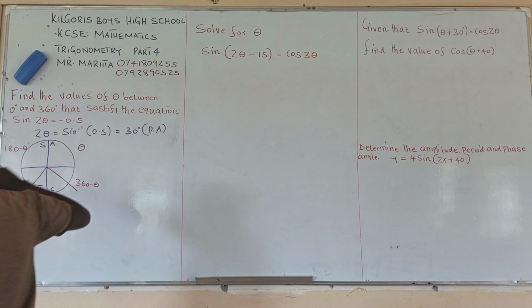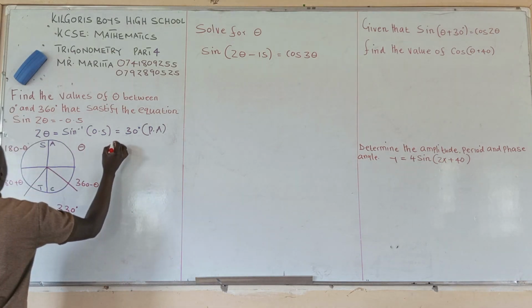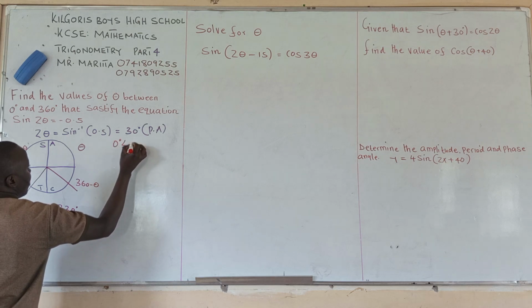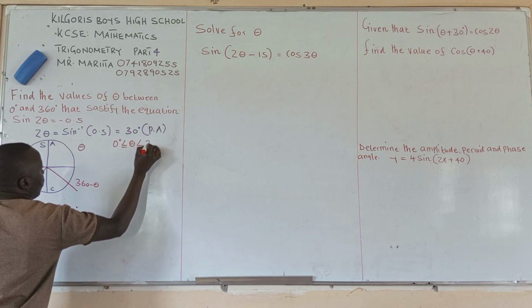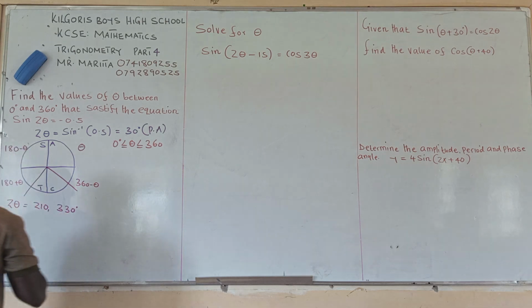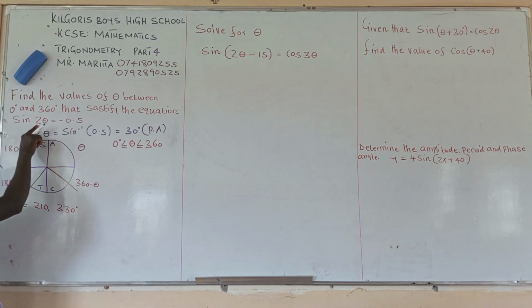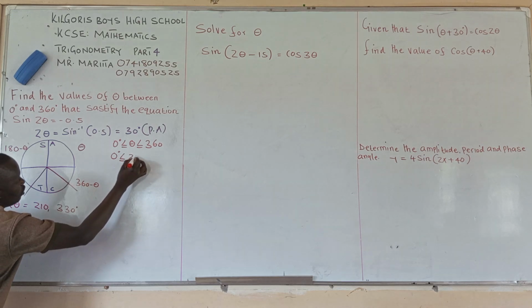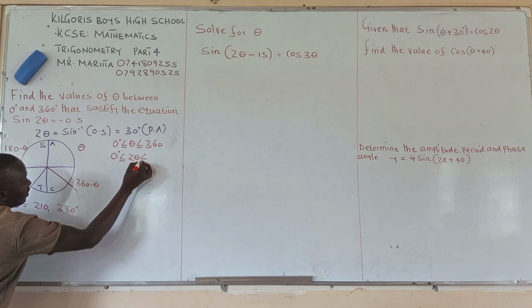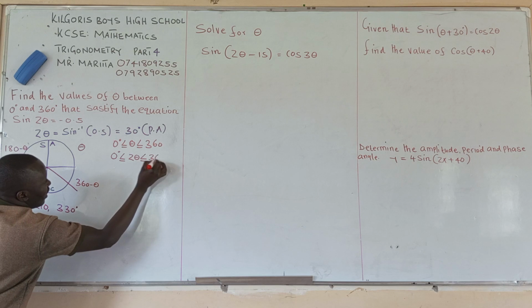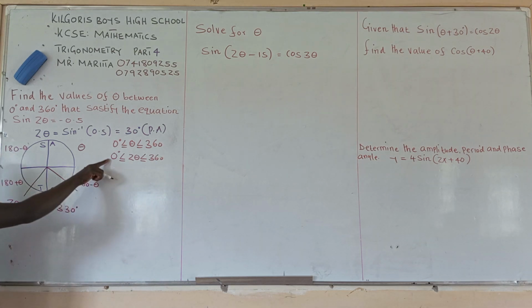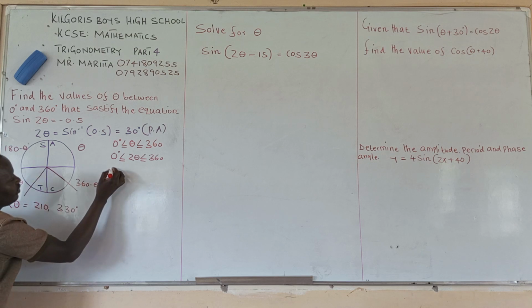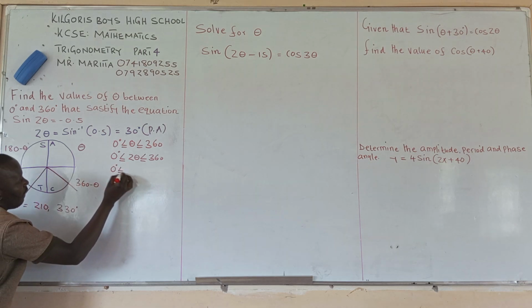Now, the range here is between 0 degrees, that is our theta, and 360. But in this case, what we have here is 2 theta. So we have 0 degrees, then this is 2 theta, then this is 360. When theta is 0, we take 2 times 0, which gives us 0 degrees.